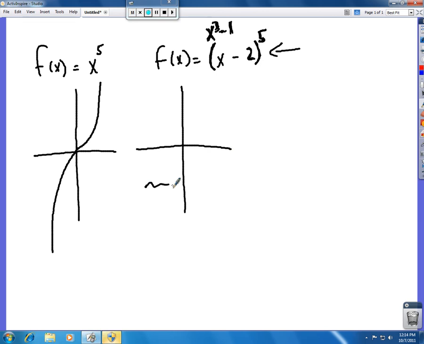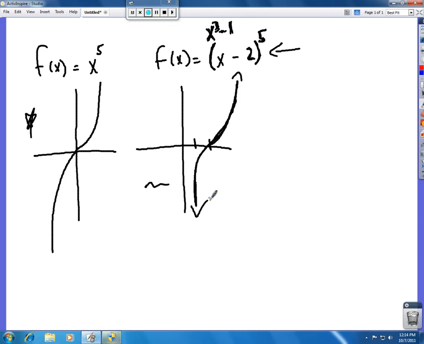You're actually going to, like I said, counterintuitive, move to the right 2 places. So it's going to be the same graph as over here, but you're basically just moving it 2 places to the right. So in this case, you're translating or sliding or moving your origin to this point here.